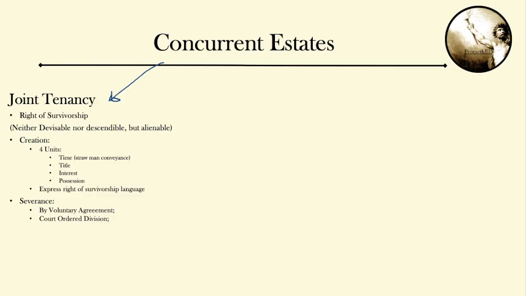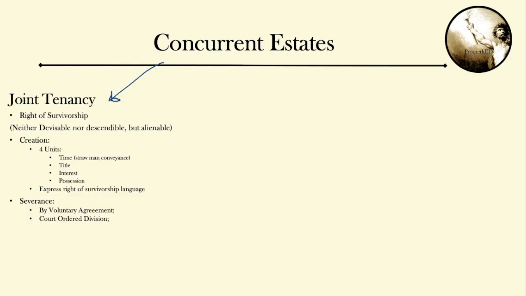The partition in kind is possible only in a few circumstances, such as when the property can be divided physically. The partition by forced sale is possible when, for example, dividing the property would substantially decrease its value.